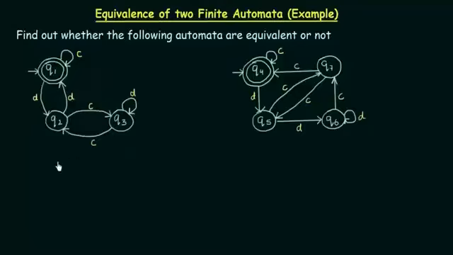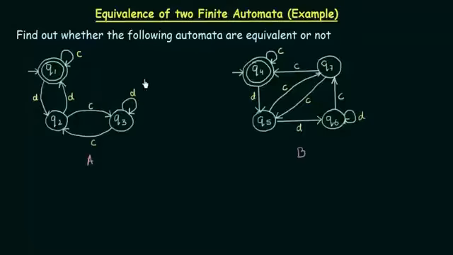Okay, so here we have two automata given. Let me call them A and B, and our task is to find out whether these two automata are equivalent or not. In automaton A, Q1 is the initial state as well as the final state, and in automaton B, Q4 is the initial state as well as the final state.